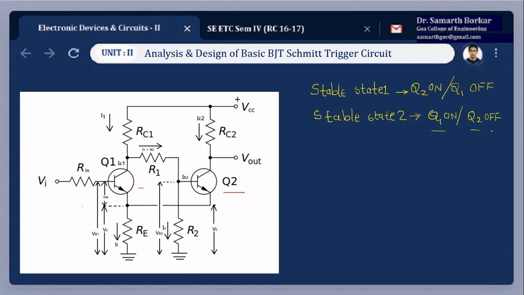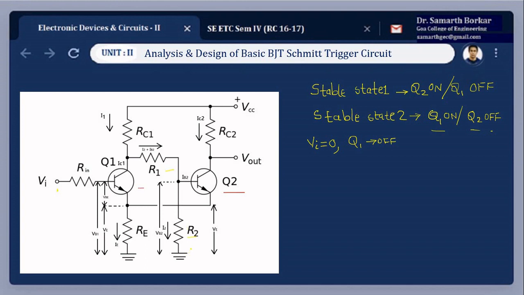You can make out from the circuit diagram, the input is applied at the terminal Vi marked. Initially when Vi equals 0, naturally the transistor Q1 will be off. Now in this circuit there is a parallel combination of R1 and R2. The other end of R2 is connected to ground.